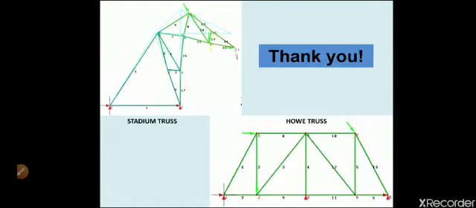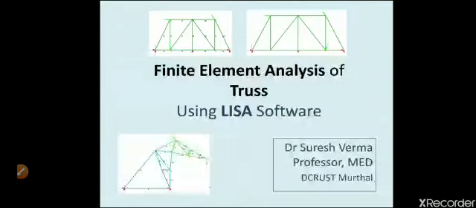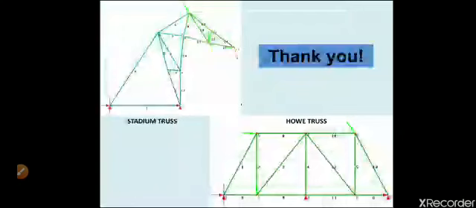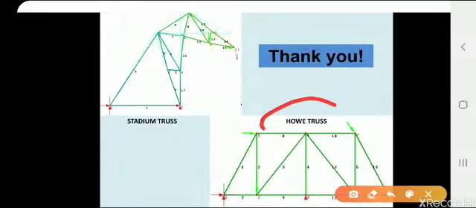I think it would be highly informative to you, and the same exercise you can do for another type of truss, that is the Howe truss. You can make your own. Here dimensions you can choose appropriately.